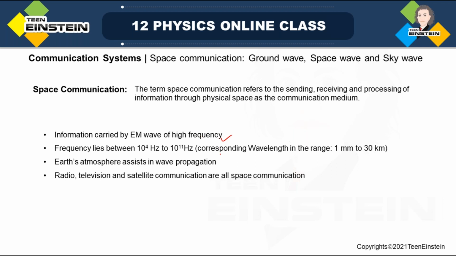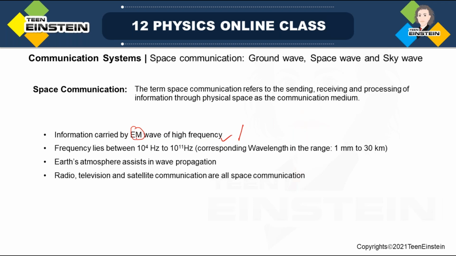And as you know, electromagnetic wave has velocity of light in the free space. So in this free space, electromagnetic wave has velocity identical to the velocity of light. So information will be carried by electromagnetic wave. I have written here as EM wave.